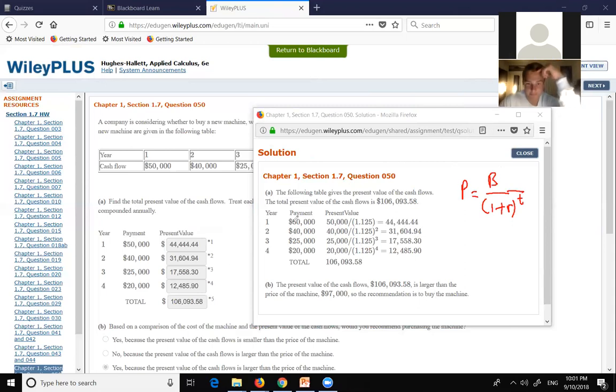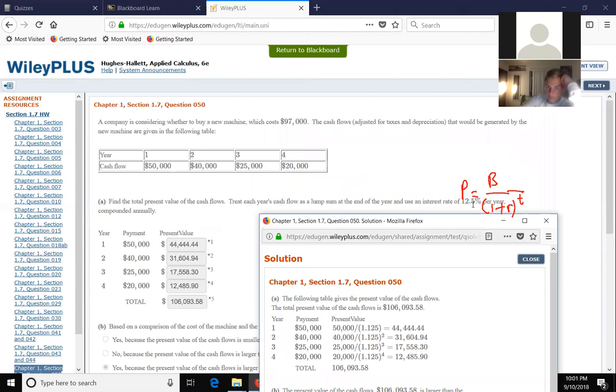So for the first one, the payment is $50,000 in year 1, and the rate here is 12.5, or 0.125 in decimal. Right, so R is 0.125, and 1 plus R is 1.125 for the bottom.